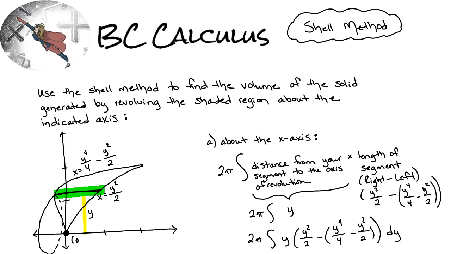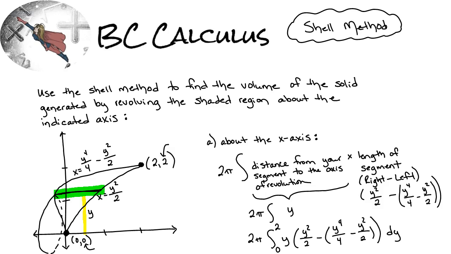So I'm trying to make this a nice big point. You can see that the curves are crossing at 0, 0. And they're crossing again at 2, 2. It's kind of misleading because the x and y are the same in both of these coordinates, but you're using the y coordinates. So you're going to say from 0 through 2.